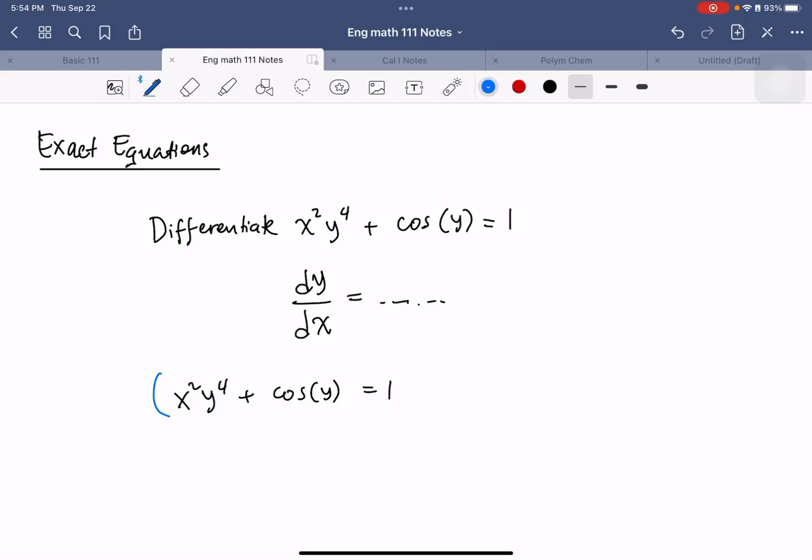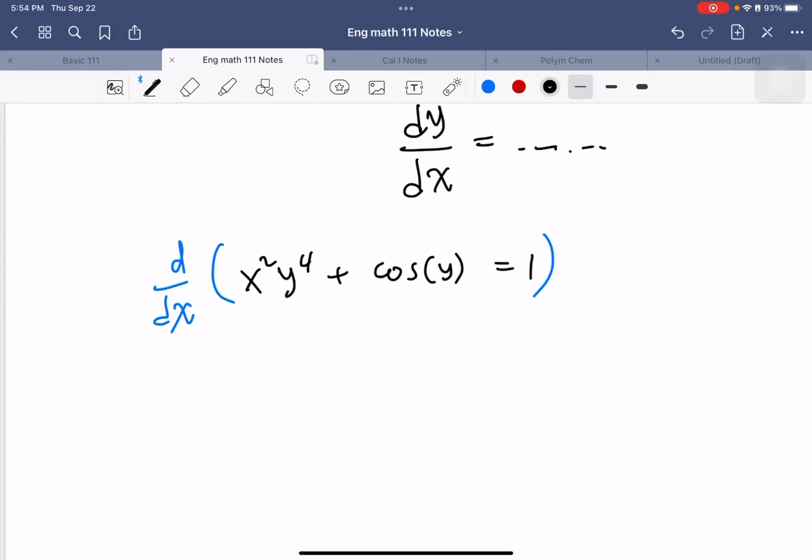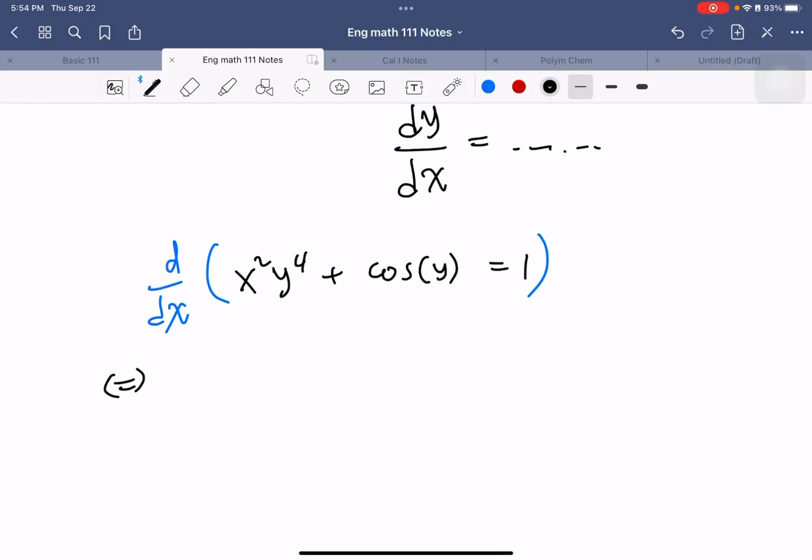We take dx over here. And from here, for x squared y power 4, this will be the product rule. Remember, this is fg, so you will have f prime g plus g prime f as in your calculus.